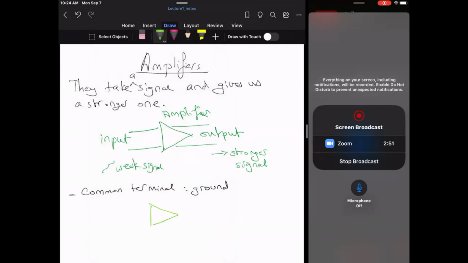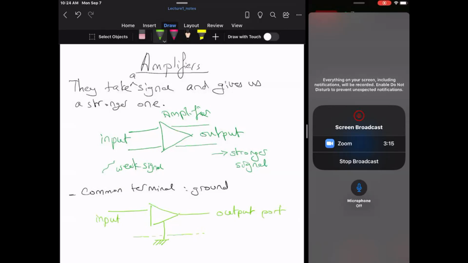So this is our amplifier with the common terminal, which is the ground, and which can be considered shared by both input and output. And then we will have here the input port, and here the output port for the amplifier.